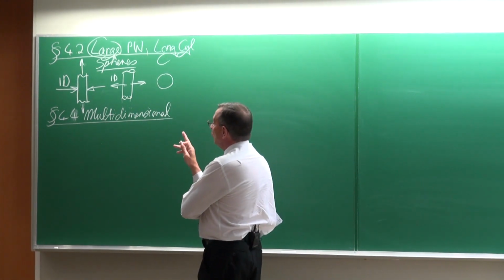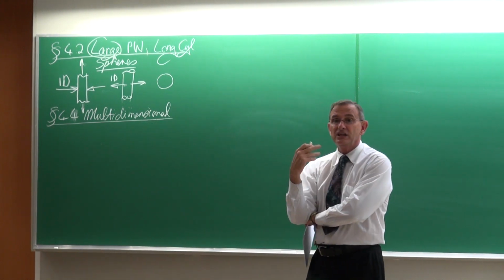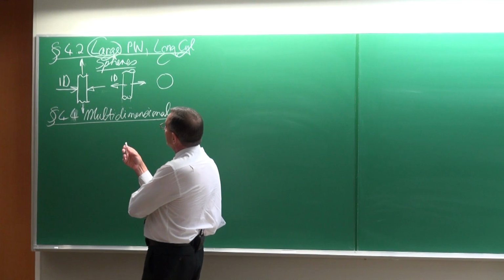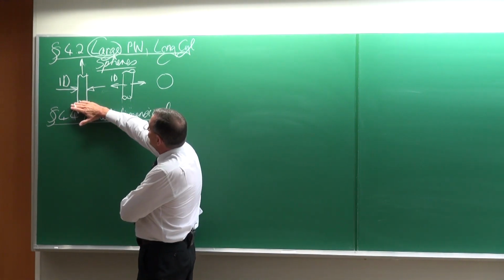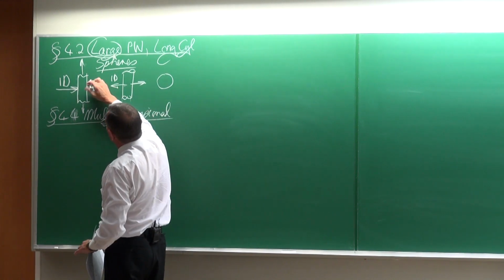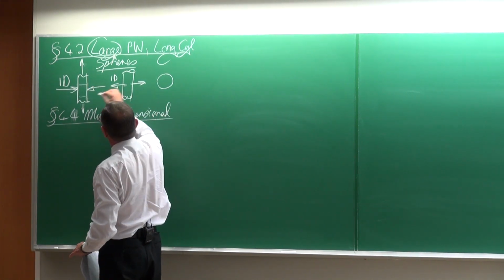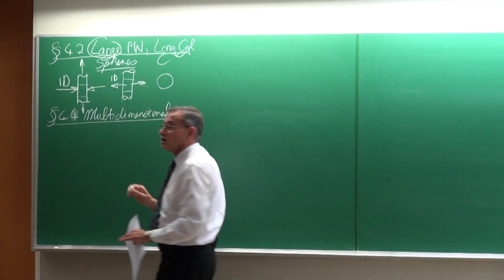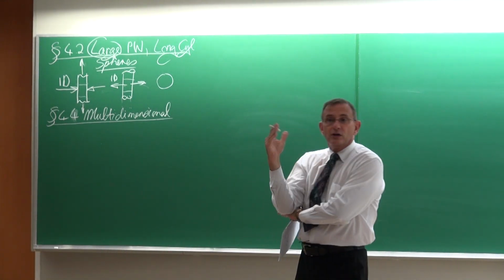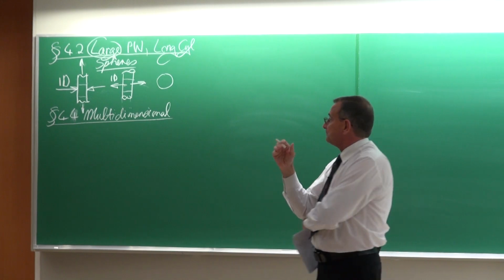Paragraph 4.4, we are now going to look at multidimensional bodies, which means that we are not going to look at the large plane wall, which is very long, but it can be a shorter type of geometry, or it can be a short type of long cylinder, which is then called a short cylinder.